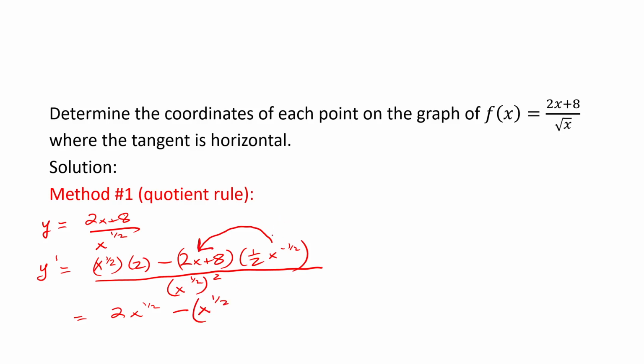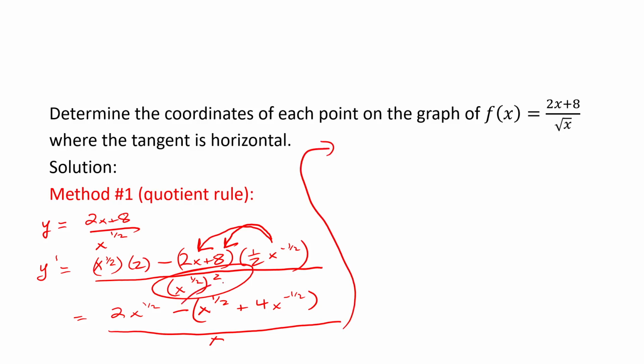I'll put a bracket around this. And then 1/2 x to the negative 1/2 times 8 becomes 4x to the negative 1/2. x to the 1/2 quantity squared, we can multiply those and get x to the 1, so it's just x.